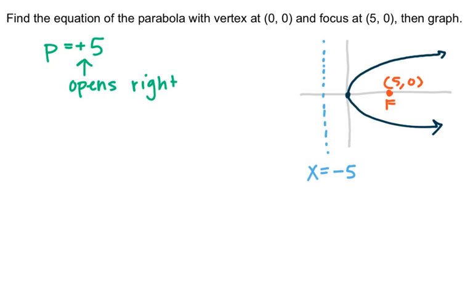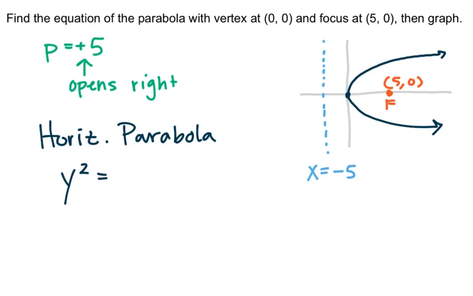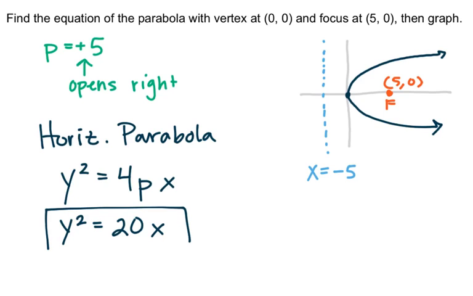My equation of a horizontal parabola, we know that it's a horizontal parabola, is going to be y squared equals 4px, or rather y squared equals 4 times 5. P is +5. 4 times 5 gives me 20x. So this is my equation of the parabola.